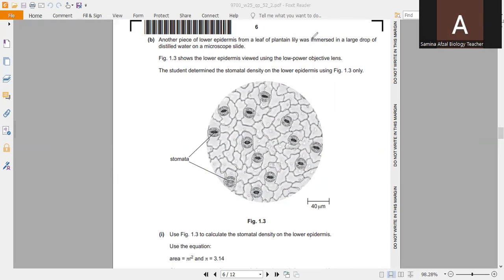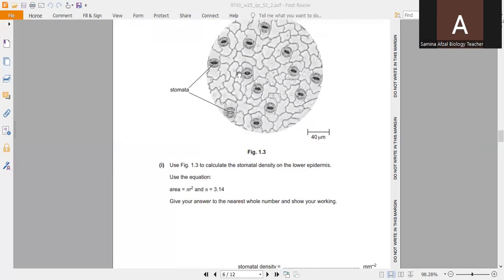So you can see in this figure, use figure 1.3 to calculate the stomatal density on the lower epidermis. Use the equation A for area, pi r squared, where pi is equal to 3.14 or 22 by 7. So first of all, we have to find out the number of stomata in this picture.